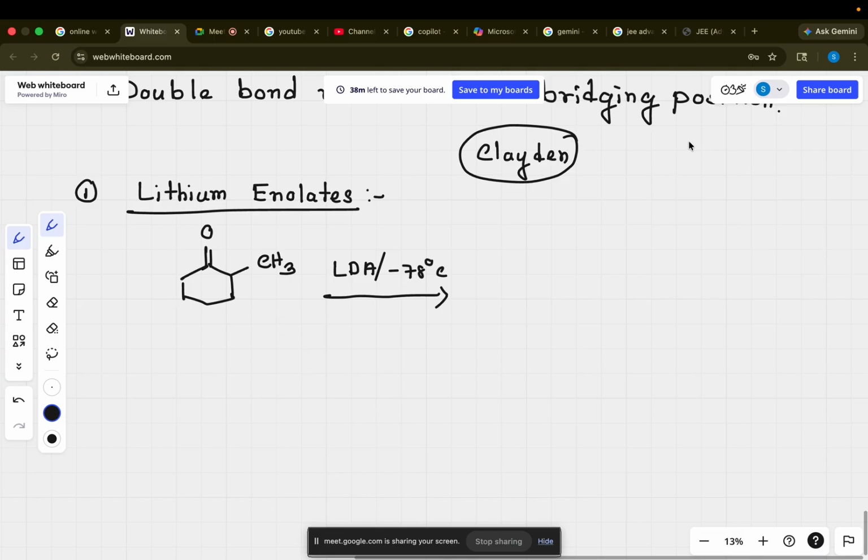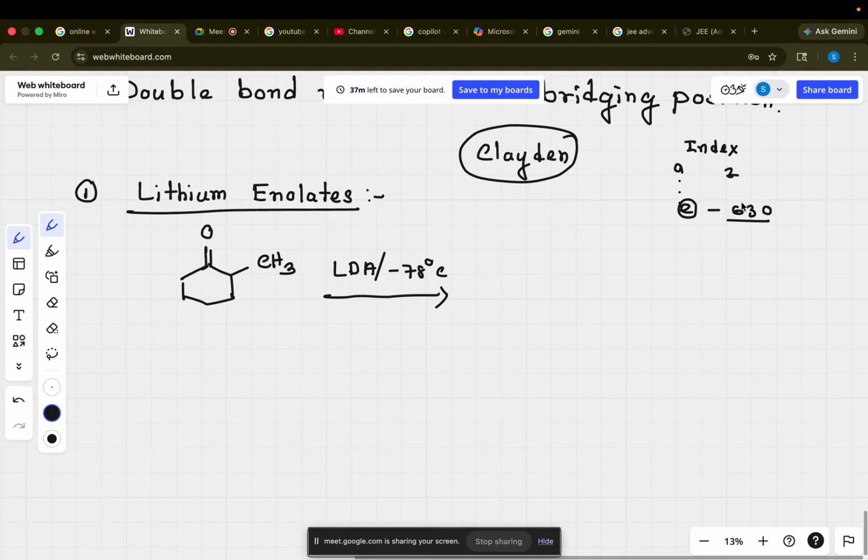The index is like a dictionary, A to Z. Go to E and search for enolate chemistry. You will get the entry, and they will mention the page number, around 630 or so.